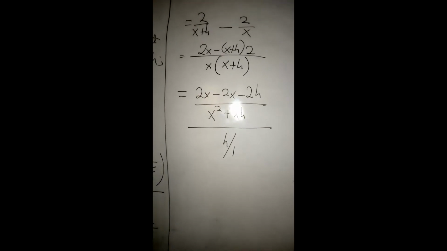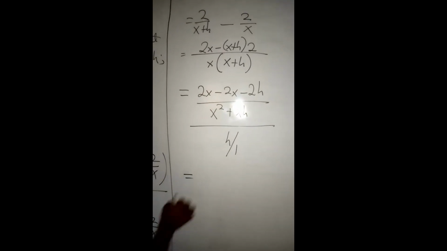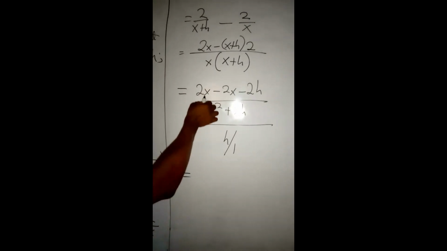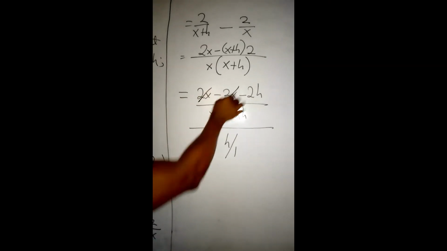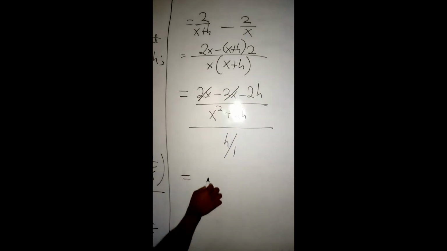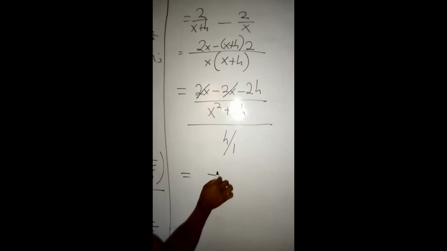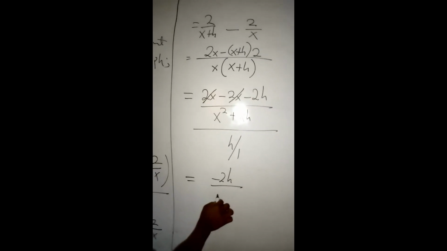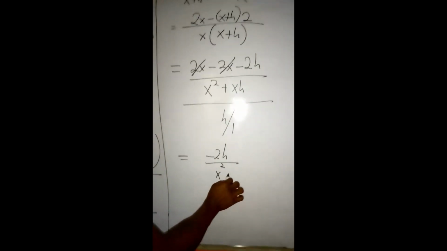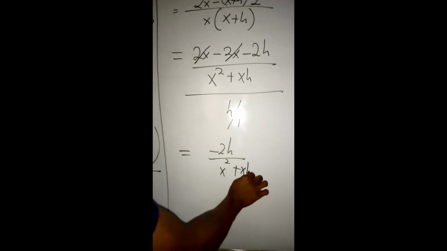So let's deal with the addition and subtraction normally. 2x minus 2x will cancel out. So what you have there is simply, please be careful, minus 2h all over x squared plus xh.